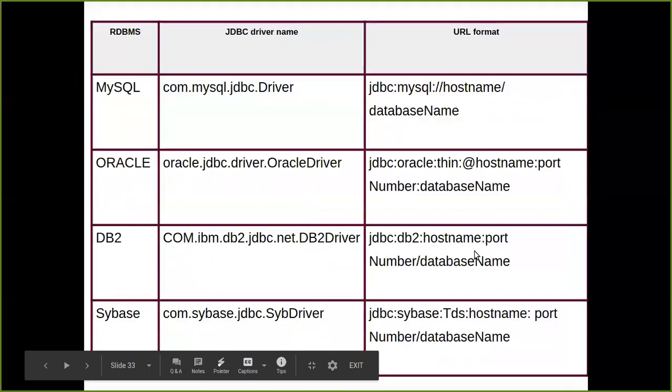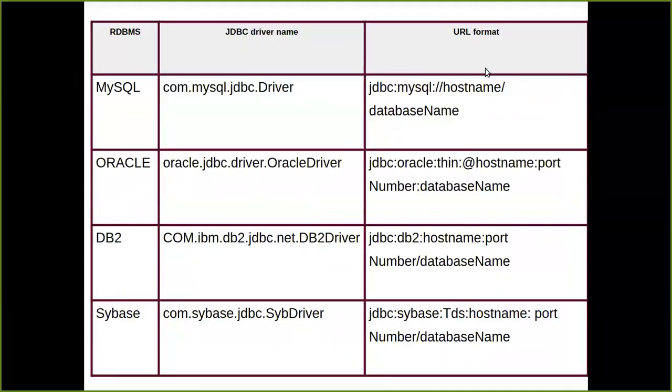Now, when I come back to this slide, what is going to happen? What is asked first? A string URL. That is your first option available with the get connection method. So what is expected is simply the URL format, which you have to write as it is.